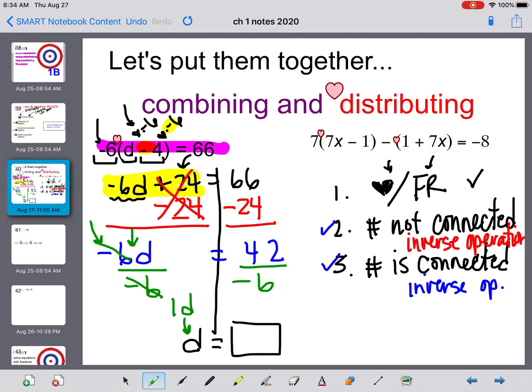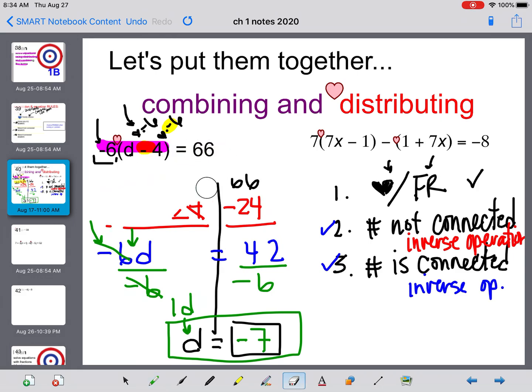And so we say they cancel each other out. And really, the only thing I have left over here is the D. I have 1D left, okay? And then on the right-hand side, 42 divided by negative 6 gives me negative 7. And now I know what D is equal to. That is my answer or my result that I'm looking for.